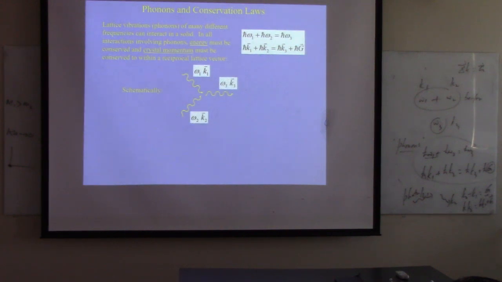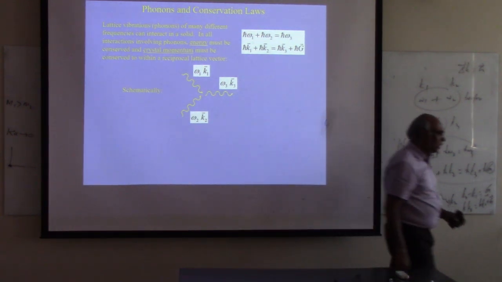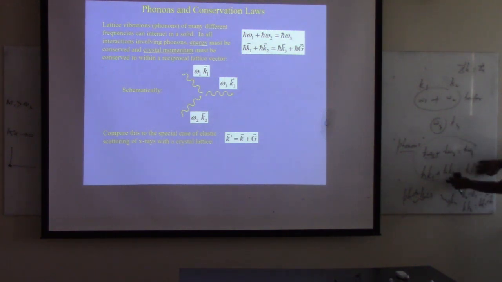So please remember this one, say omega 1, omega 2, making the third phonon omega 3, but in terms of the wave vector, you can have this one without this one, and I will explain this. This is called the normal process, and this is called the Umklapp process.